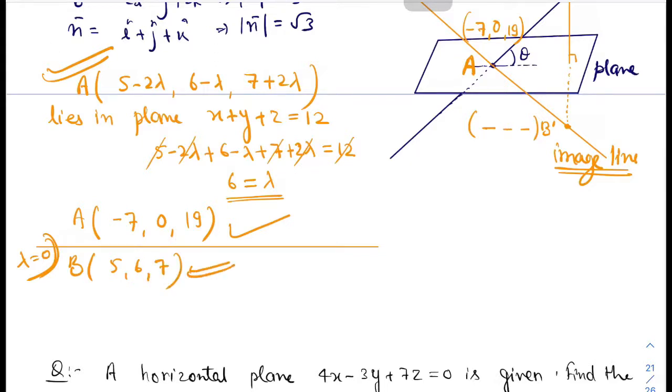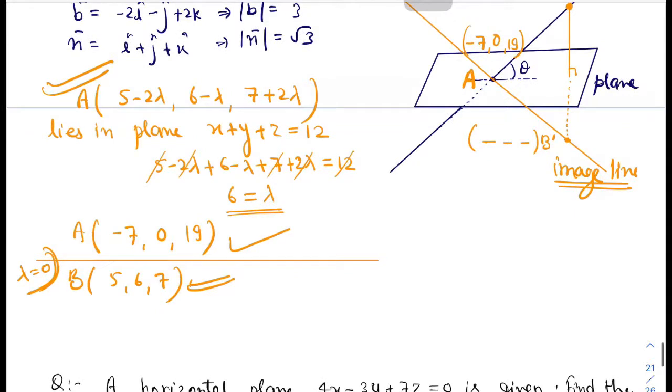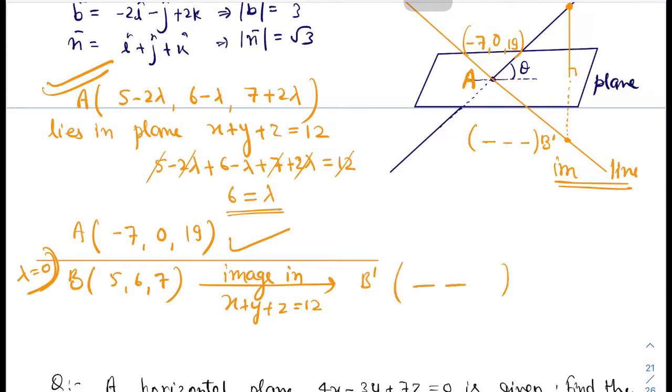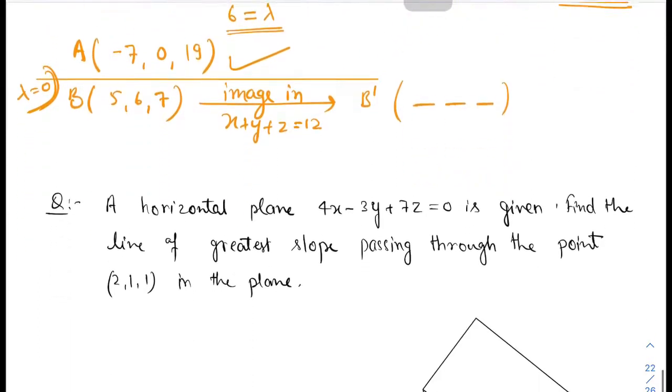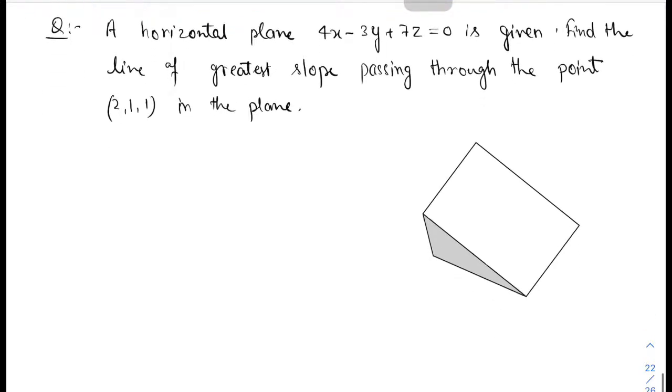So consider this B point and check what the image of this B point is in the plane x plus y plus z equal to 12. For this we have a formula, and that will be our B dash point. So our B dash point and this A point are both on the image line, and then we can easily calculate the equation of the image line.